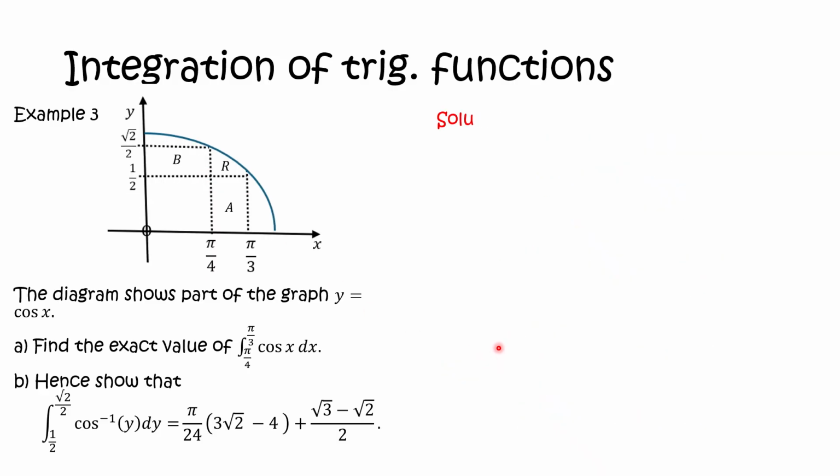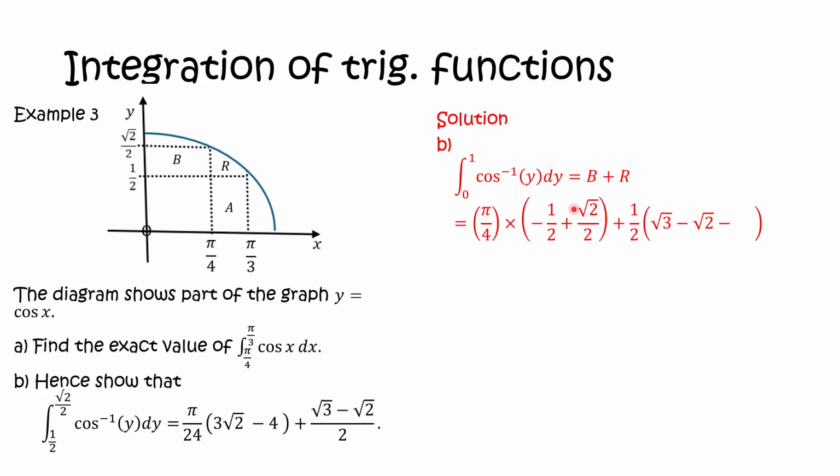So taking the length of this rectangle, which is pi over 4, times the width that we would get when we subtract that, so that is to say minus 1 over 2 plus root 2 over 2, plus the R that we have.